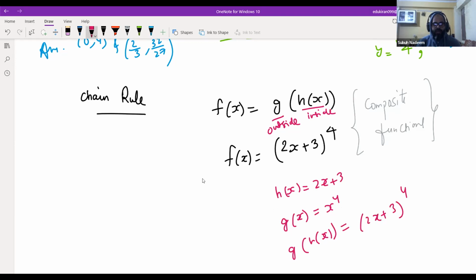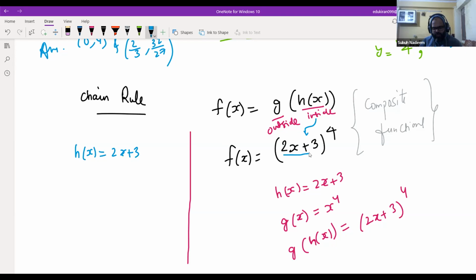Again, h(x) equals 2x plus 3 is the inside function.